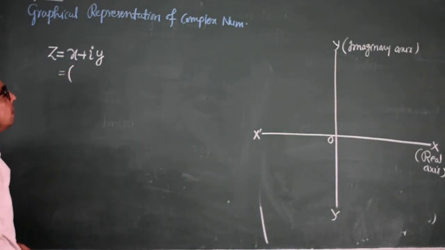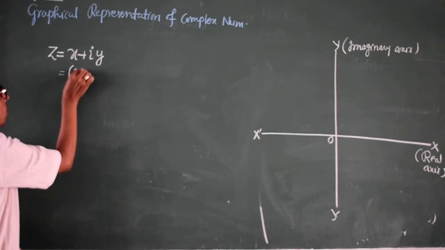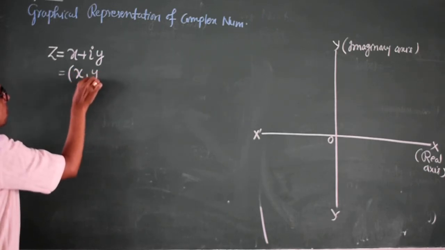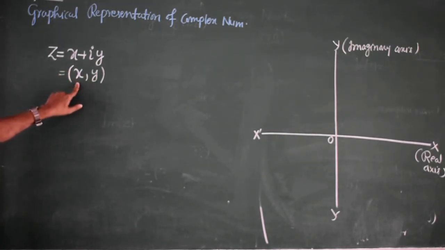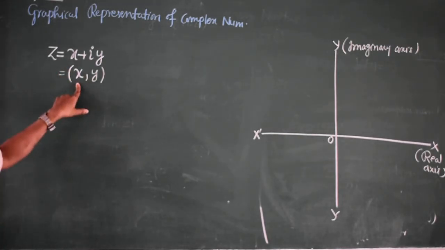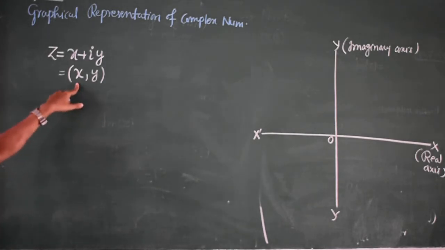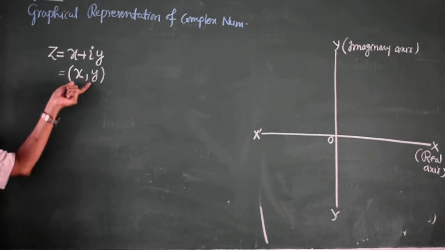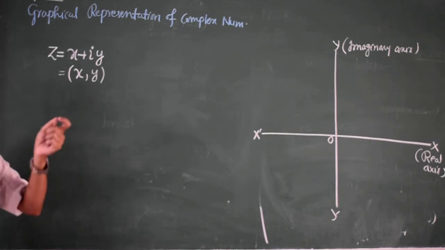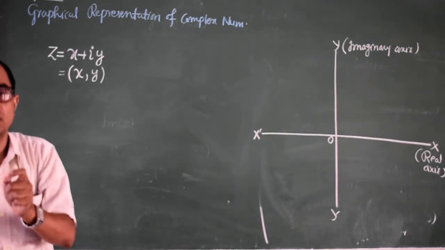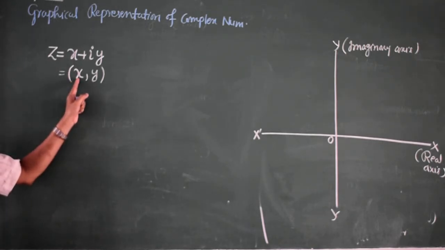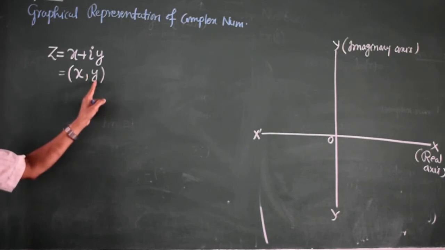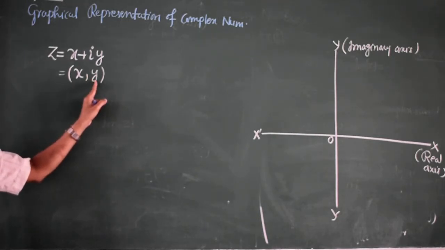Now to plot this complex number in this xy plane, clear? Represent this complex number in ordered pair form. A complex number can also be represented in this form. This is called the ordered pair form of a complex number. Now it is an ordered pair, so the position of components is important. The first component always represents the real part of the complex number and the second component always represents the imaginary part.